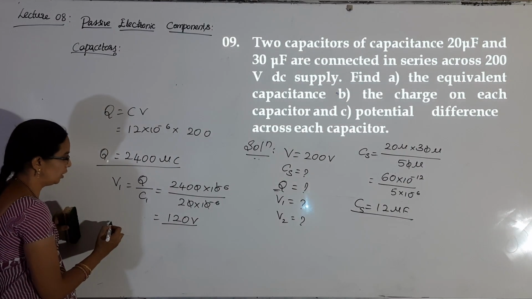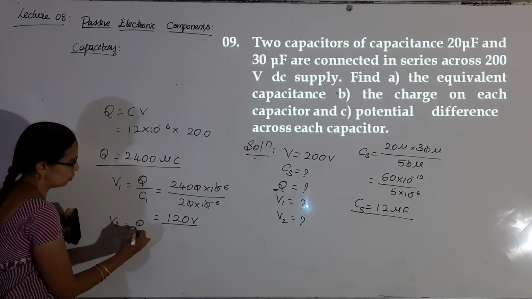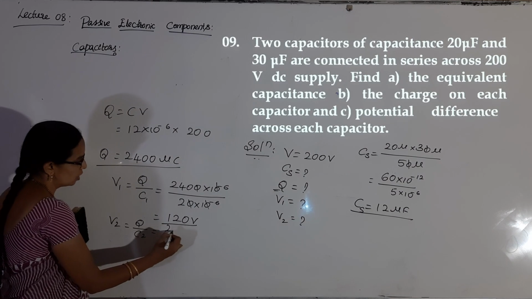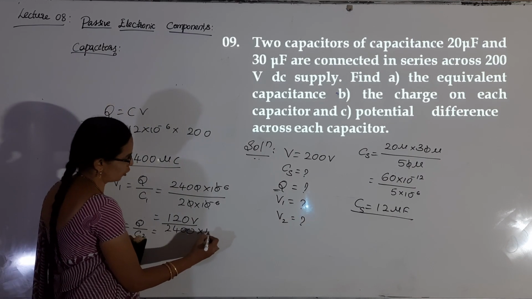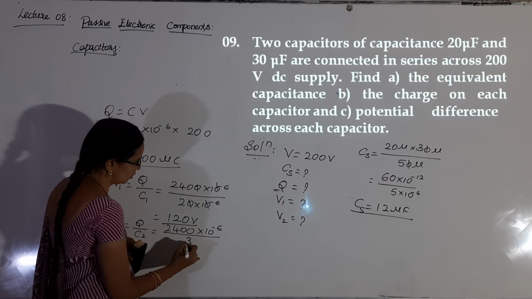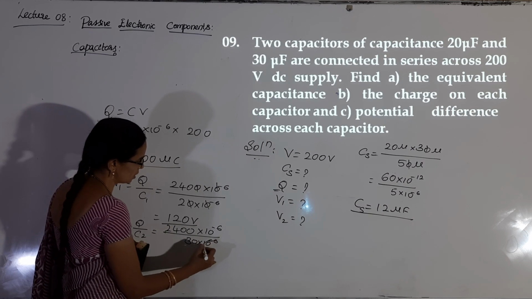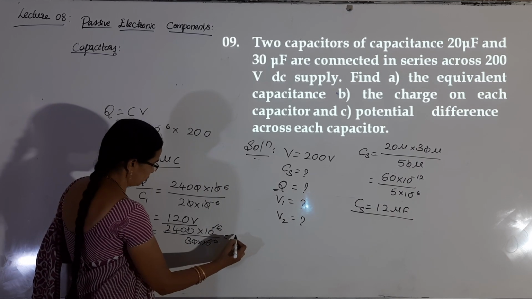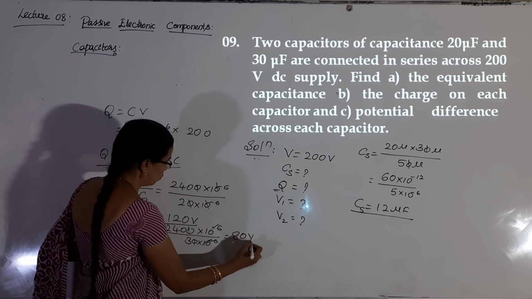Next one, V2 is equal to Q by C2, you have to do 2400 into 10 to the power of minus 6 divided by 30 into 10 to the power of minus 6, that is 80 volts.